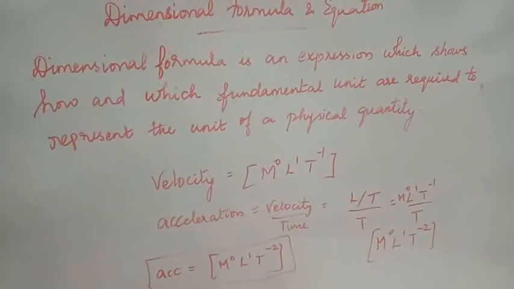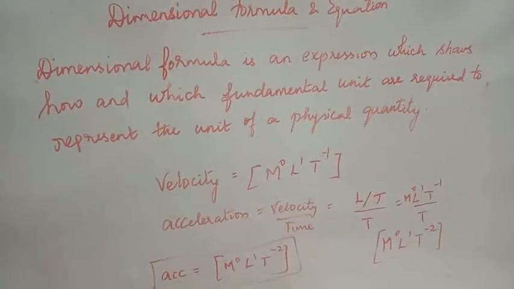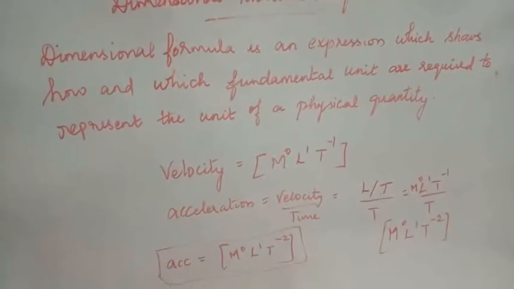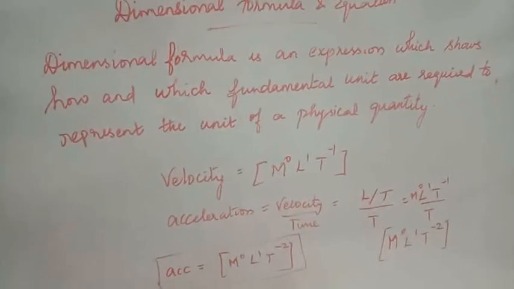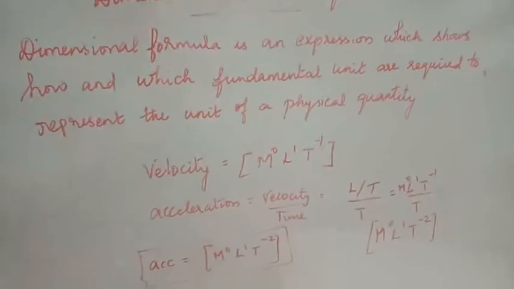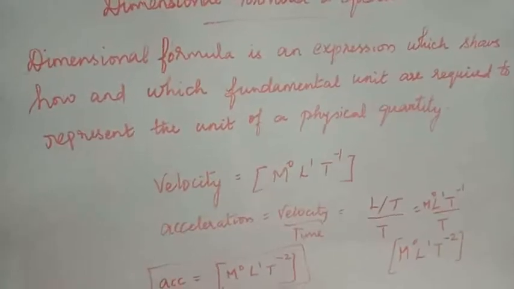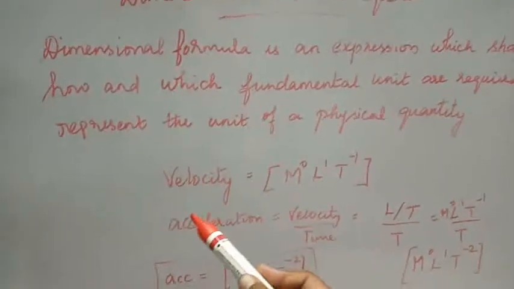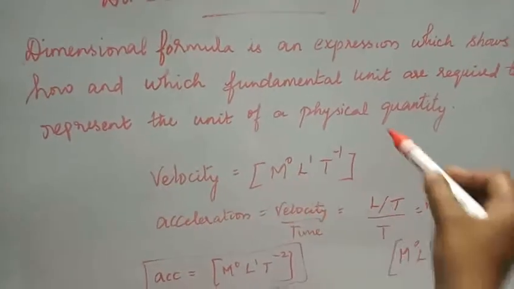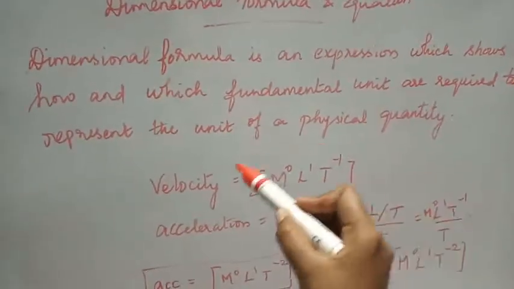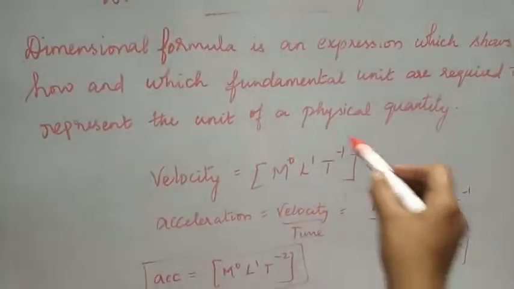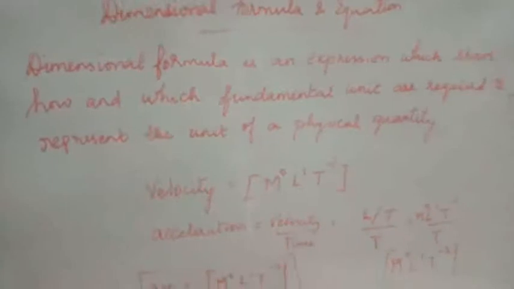So by this dimensional formula we can know what fundamental quantities are used to represent this derived quantity and how the expression would be. As I have already told you, velocity is a derived quantity. So this is the dimensional representation. This is called the dimensional formula. This is the entire dimensional formula for velocity.